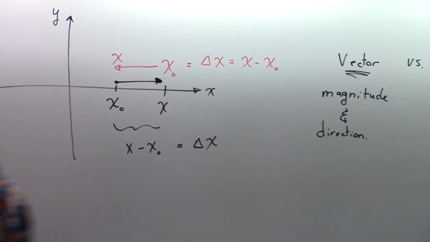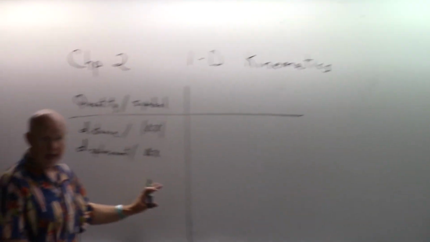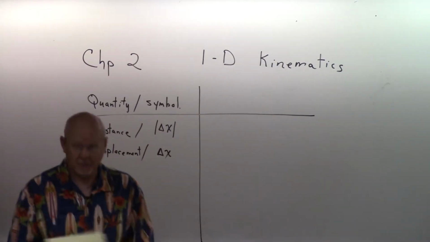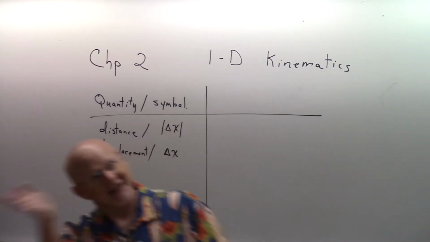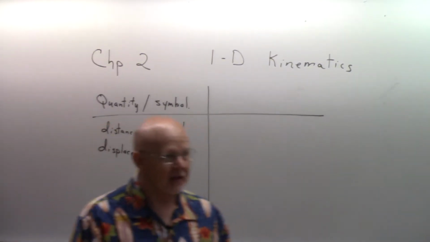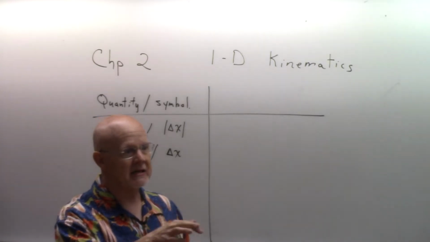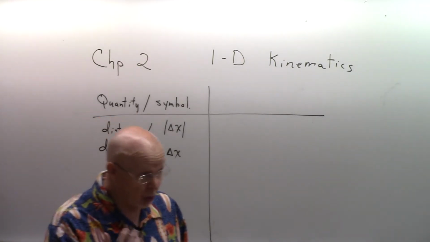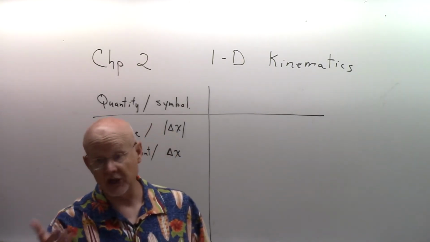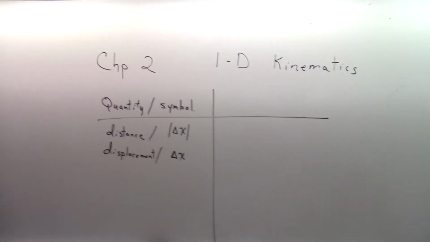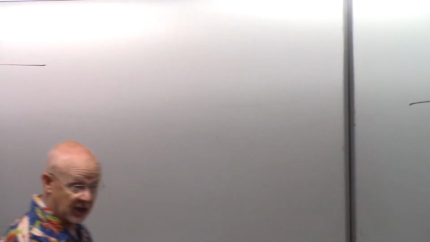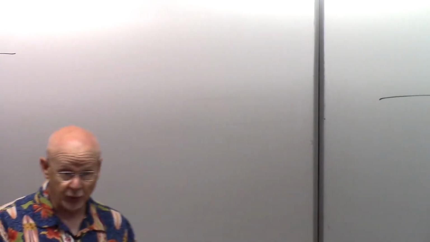By taking this subtraction, this delta x, I can get a positive or a negative. And it is going to make a difference whether it moved positive or whether it moved negative. So displacement is a type of vector. A push or a force, which we'll get to in chapter 4, tomorrow, is going to be a vector. It depends on which way you push it.